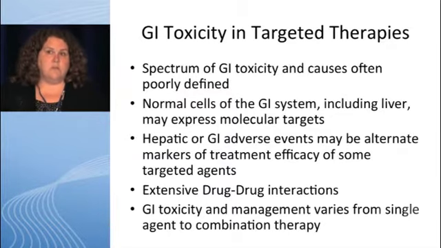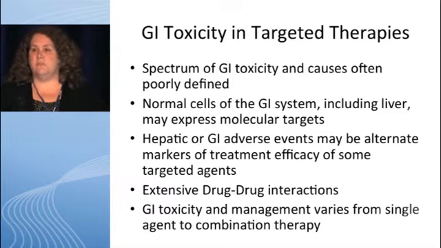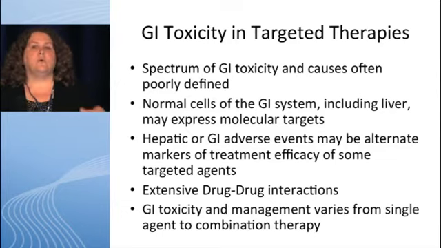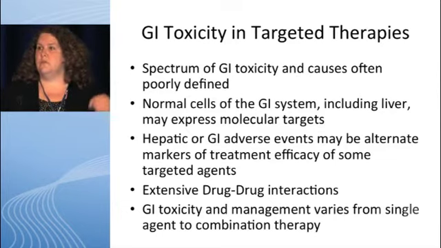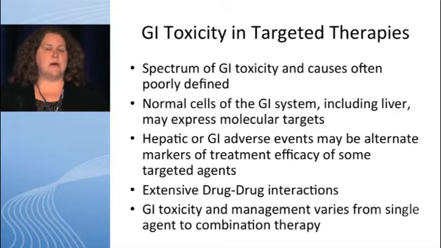In general, specific to targeted therapies, the spectrum of GI toxicities is wide. Very few of them are well defined. Many normal cells of the GI system include the targets that are being targeted in many of these agents. And as we talked about in the last presentation, sometimes the GI toxicity can also correlate with response, like skin toxicity.